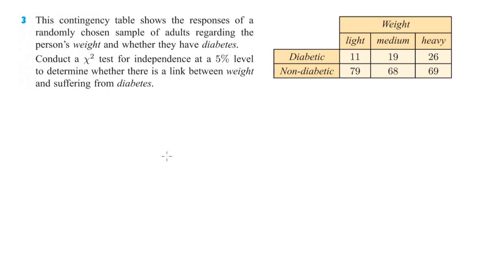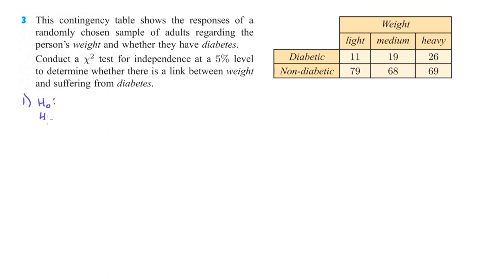Okay, so we're going to want to go through our 7 steps of the chi-squared test for independence. So step 1 is we have to set up our H0 and our H1, right?